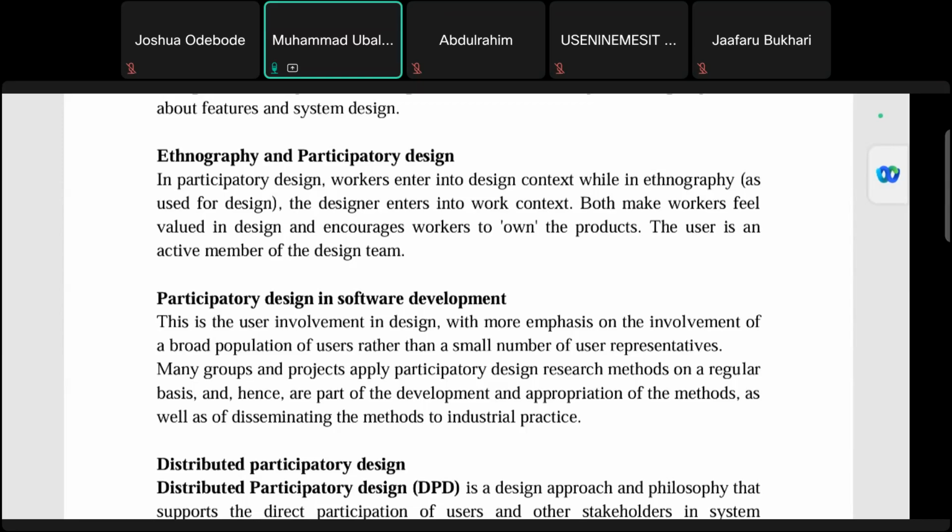So this is ethnography, whereby designers study users in their work environment to understand what needs to be changed about the system.